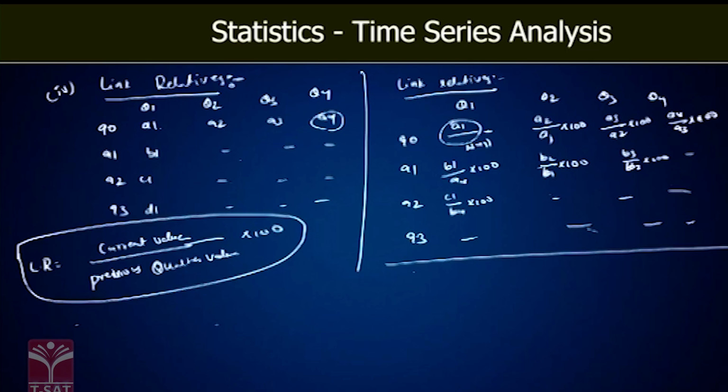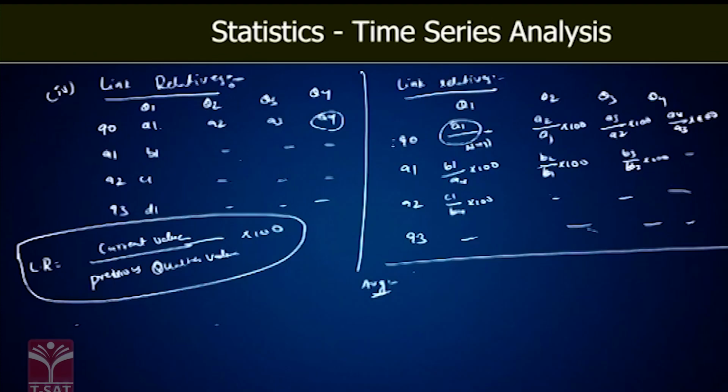Now after getting all the link relatives, you have to find average value. So how to find the average value? Add all the things.